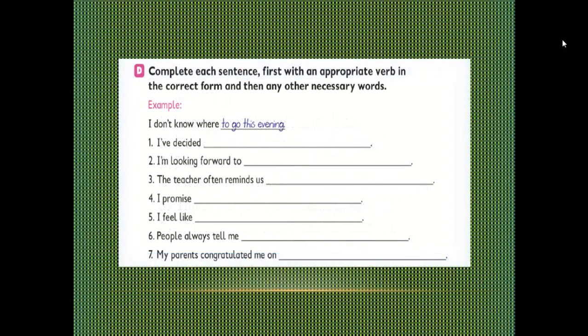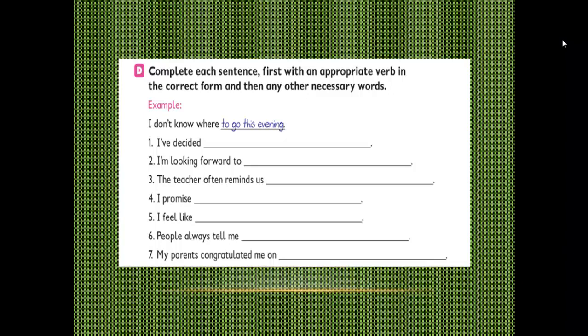Exercise number D. Complete each sentence first with an appropriate verb in the correct form and then any other necessary words. We have an example here. I don't know where to go this evening.